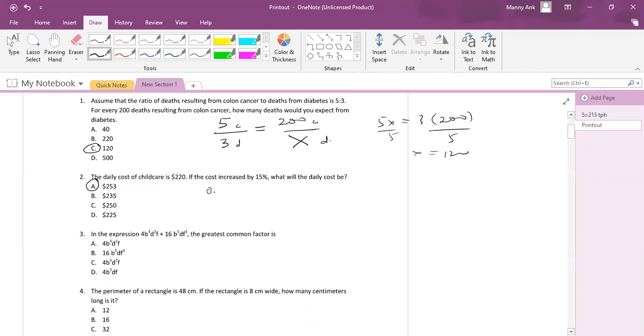So 0.15 times 220, which gives us 33. So that'll be a $33 increase. So the new amount will be 220 plus 33. Okay, and then that'll give us 253.